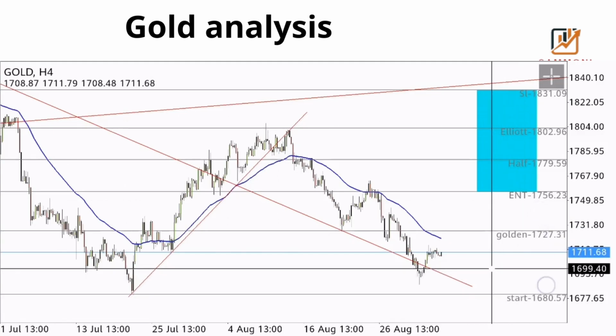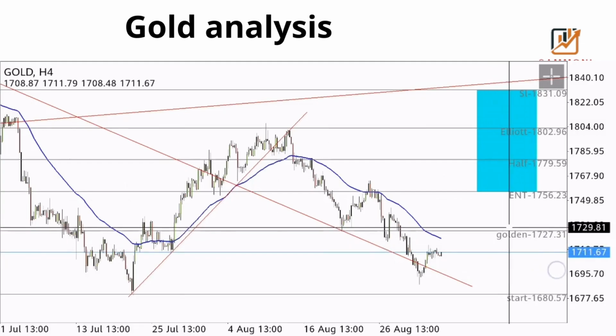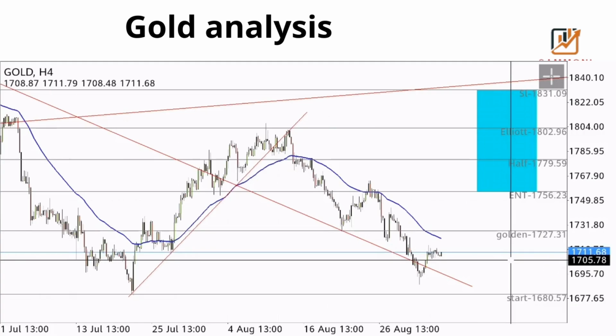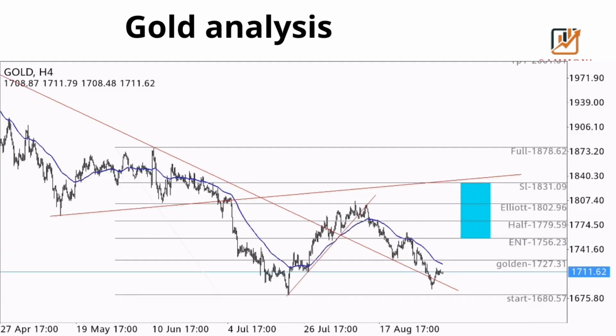So overall there are clean chances that 1727 is the first target for today, unless it stops holding above the 1706 level. Yesterday I also suggested that the buying opportunity is valid.